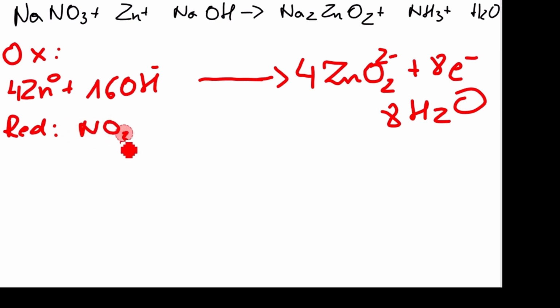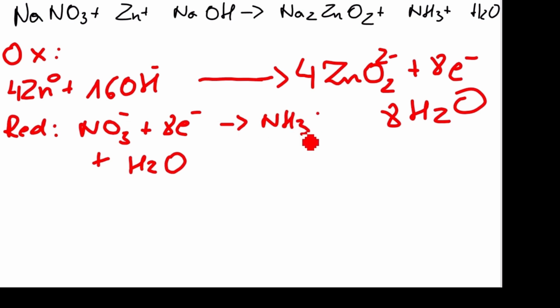Yes, so we have a nitrate anion plus 8 electrons give us, of course, plus here we have of course water, and we obtain ammonia plus 9 hydroxide ions, and here we have 6 particles of water.